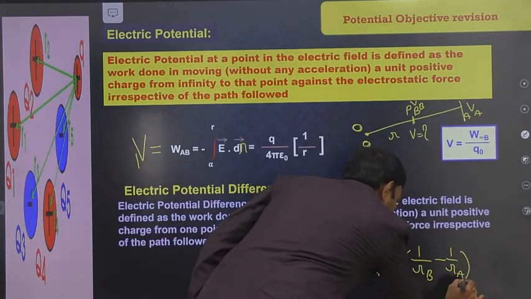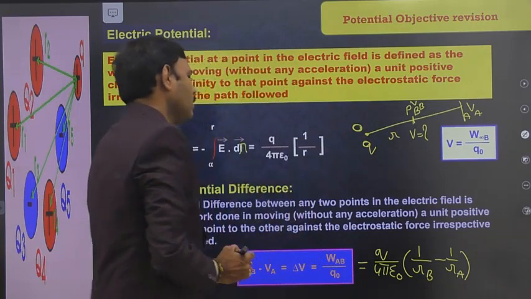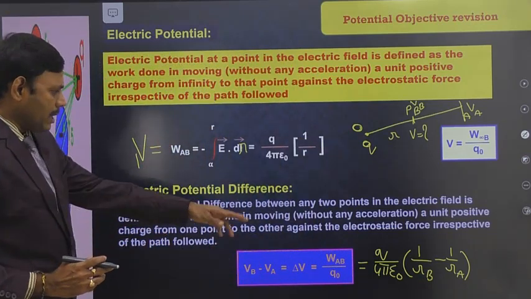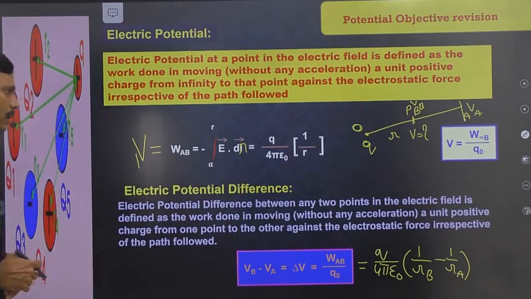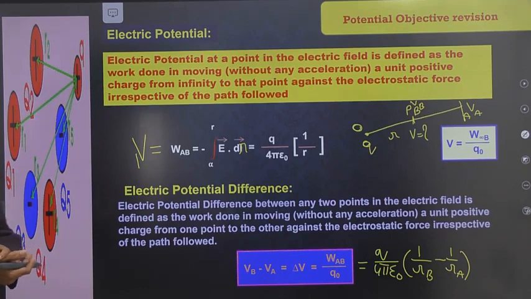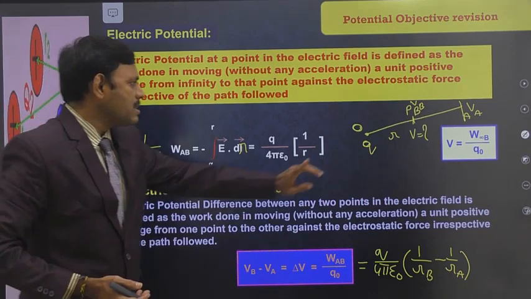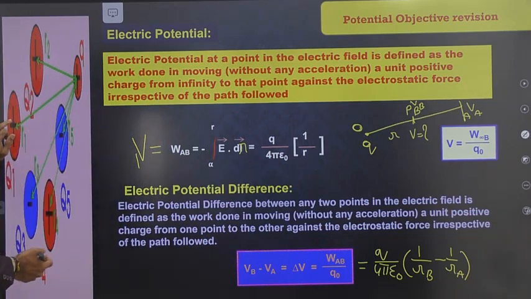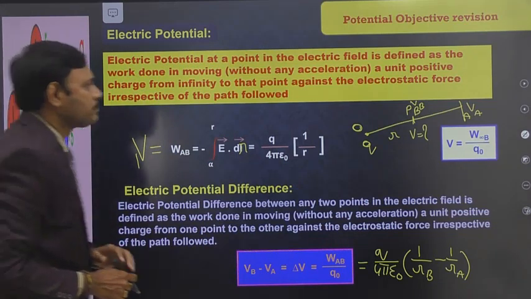RB is the distance of B from O, RA is the distance of A from O, then the potential difference is given by this formula. So here in this slide we write the expressions of potential and potential difference. Next, go for the next concept.